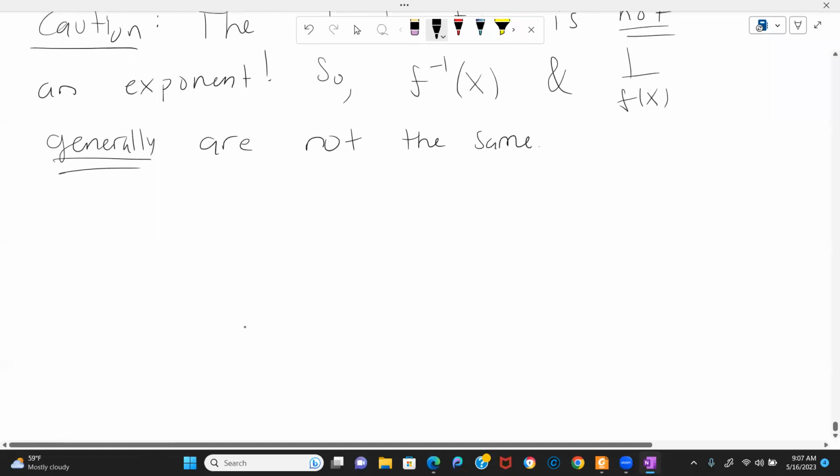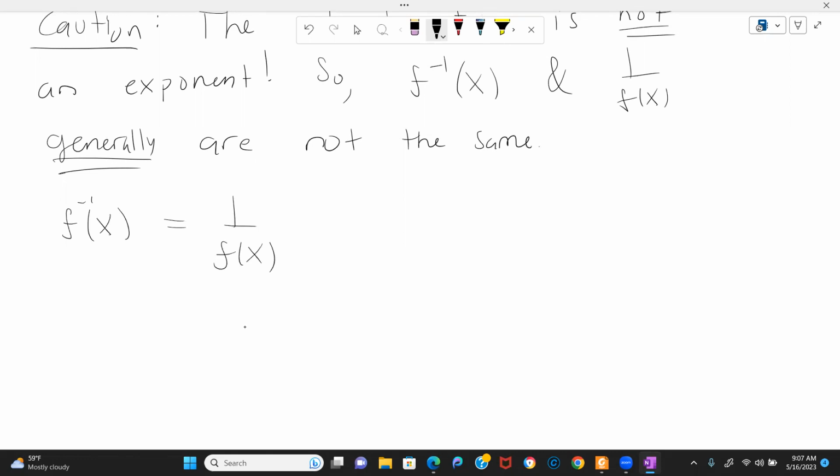In fact, I think they're only the same if f inverse of x is equal to 1 over x if and only if f of x is equal to 1 over x? Let me put a question mark there. I'm not sure now.